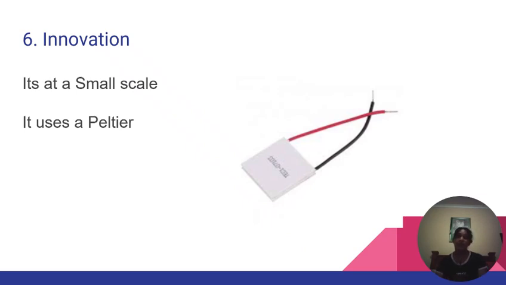A Peltier, short description, is a thermoelectric cooler, a solid state semiconductor device that utilizes the Peltier effect to transfer heat when an electric current is applied, creating a hot side and a cold side.